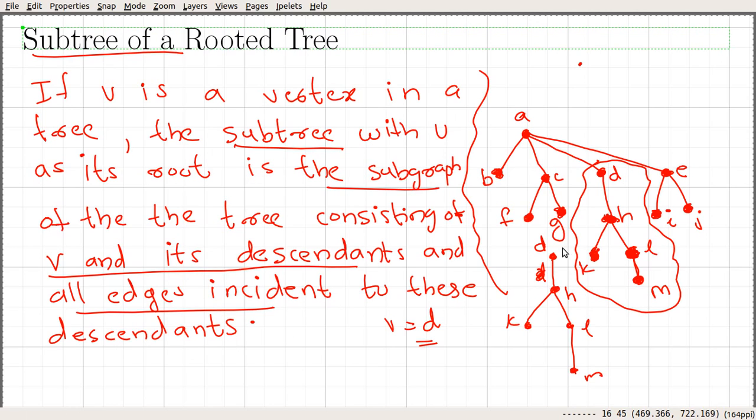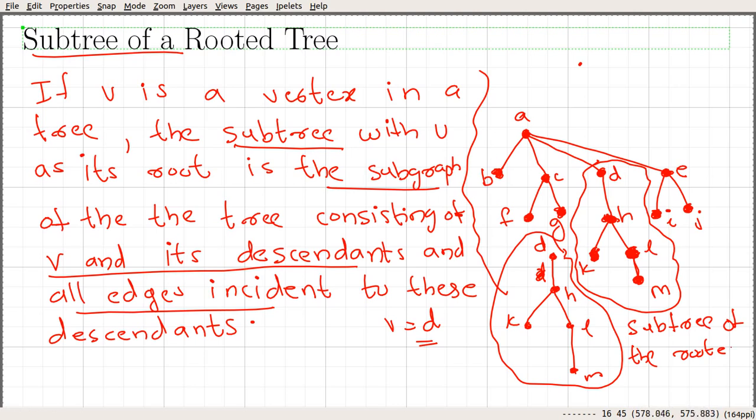This is a subgraph, a subtree of the rooted tree T, if you call this tree T. Always remember, this will be the root. So this is how we define the subtree of a rooted tree.